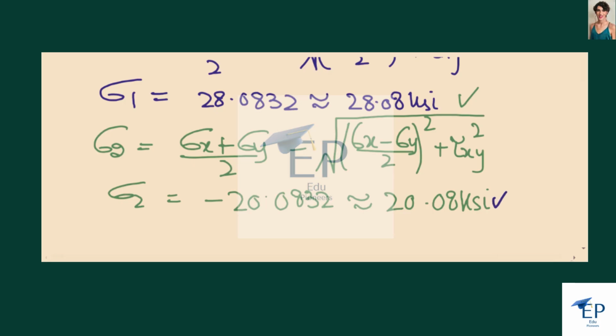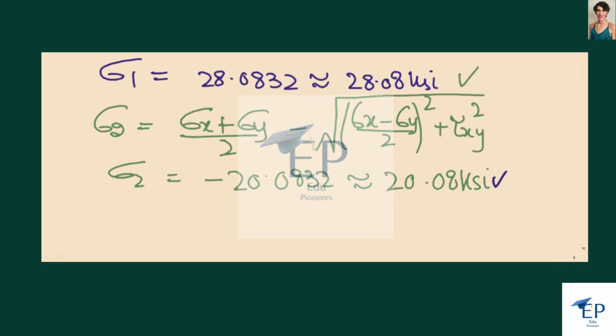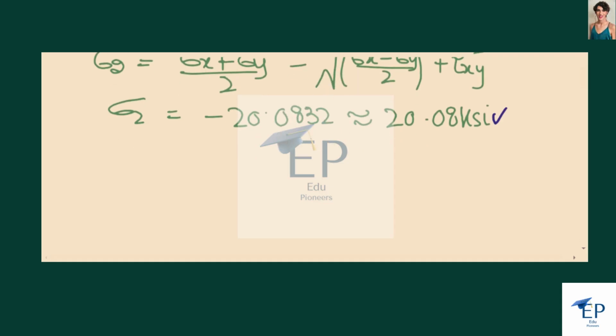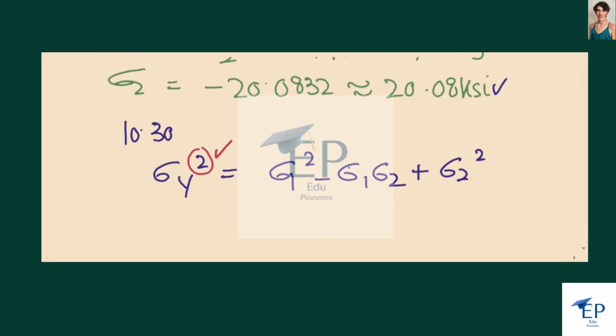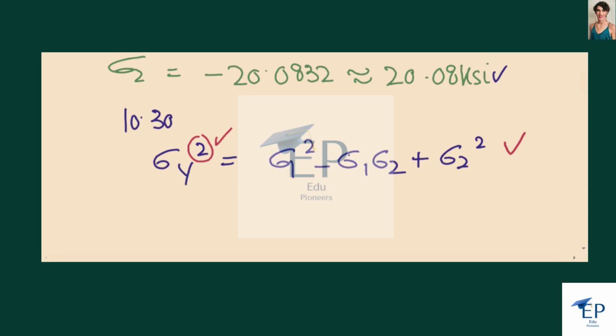And now what we are going to do is simply use equation 10.30. That is sigma sub y square is equal to sigma sub 1 square minus sigma sub 1 sigma sub 2 plus sigma sub 2 square. As you can see, we have a square on the left hand side, so we need to take the under root of this whole equation.